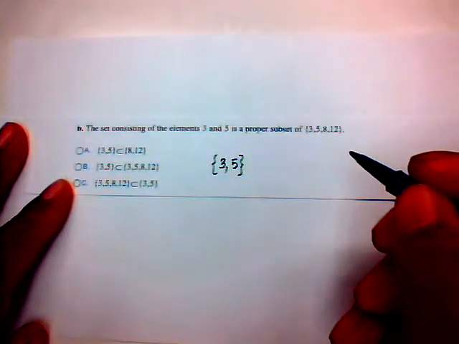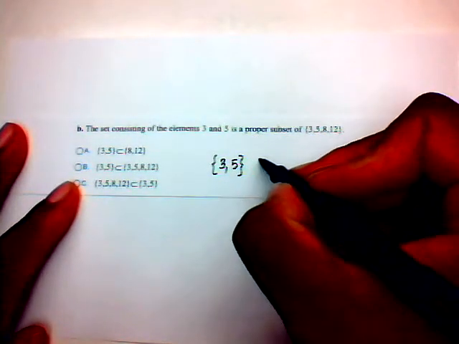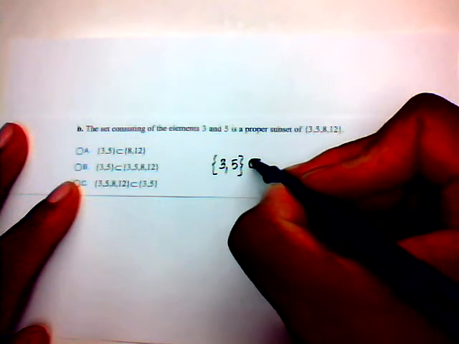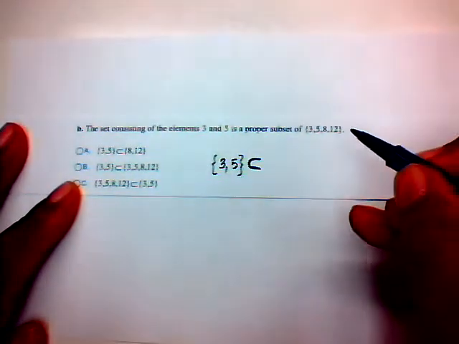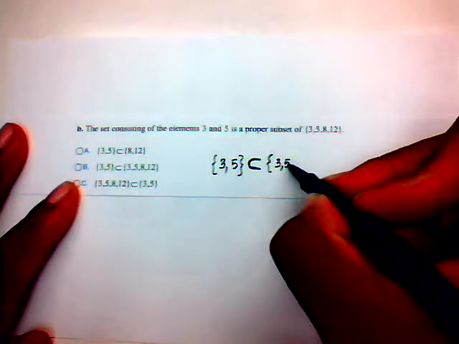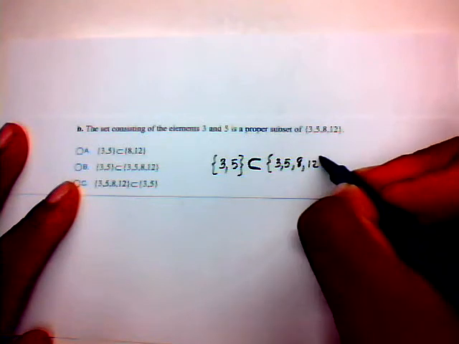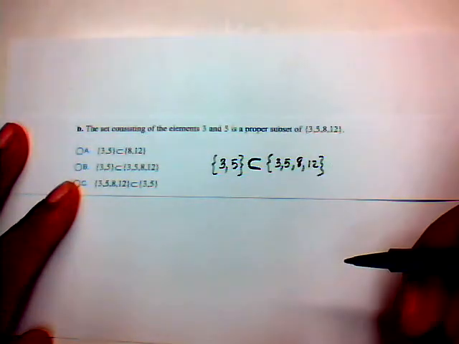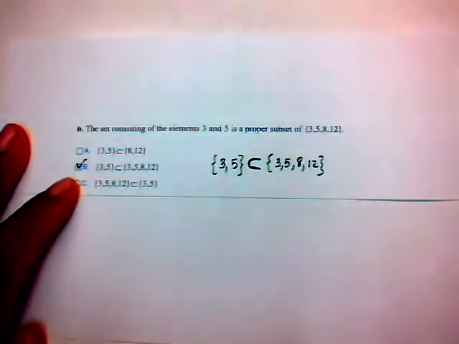Now the symbol for a proper subset is this. That's the symbol for the proper subset. And then, of course, 3, comma 5, comma 8, comma 12, which is this. So it will be this answer right here, answer B.